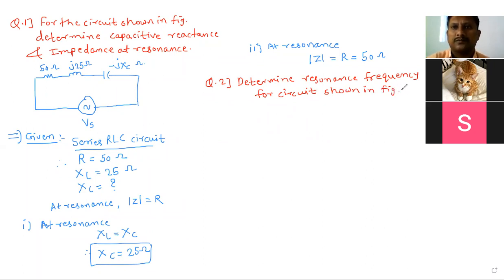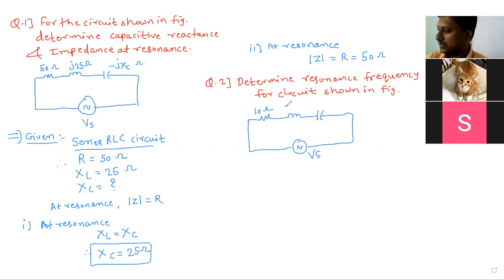So figure I will draw. This is Vs, this is 10 ohm. This is 0.5 millihenry, means inductance value is given. This capacitor is 10 microfarad.